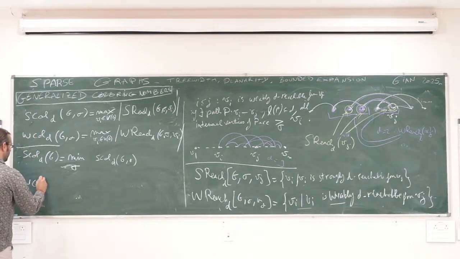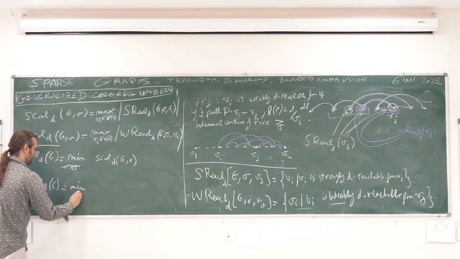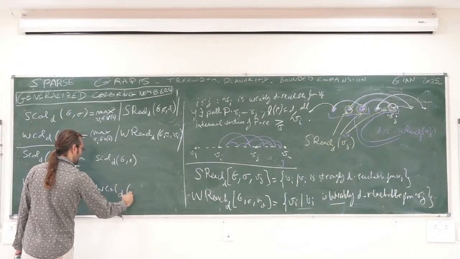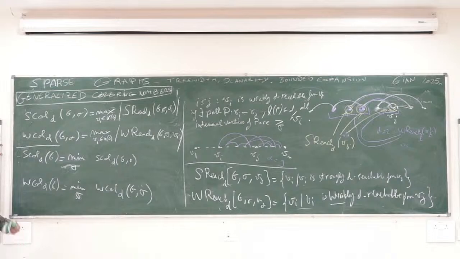And similarly for the weak coloring number. I do it this way so that I have a parameter for a graph. Among all possible orderings, I choose the best one, the one which gives me the smallest reachability sets.